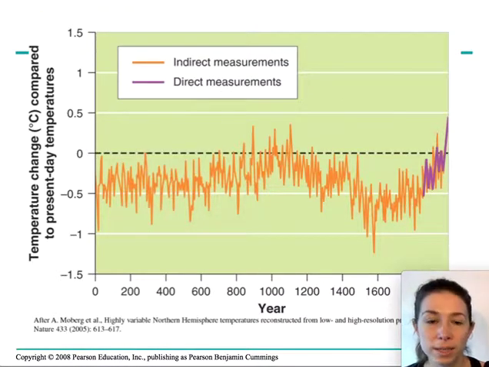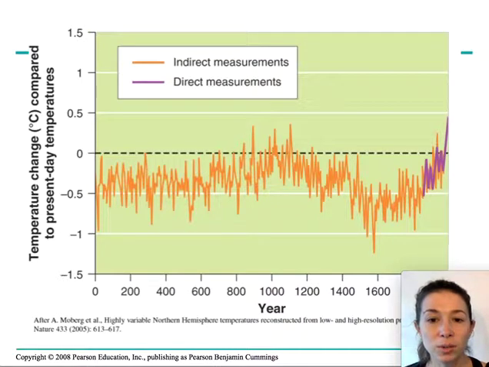The point of this piece of data is to show you that the estimates that scientists have made are pretty accurate. The purple line is the direct measurement of temperature over the last 100 years or so. We've actually just started using thermometers and we've measured temperature, so we can see the temperature that we are experiencing on Earth.